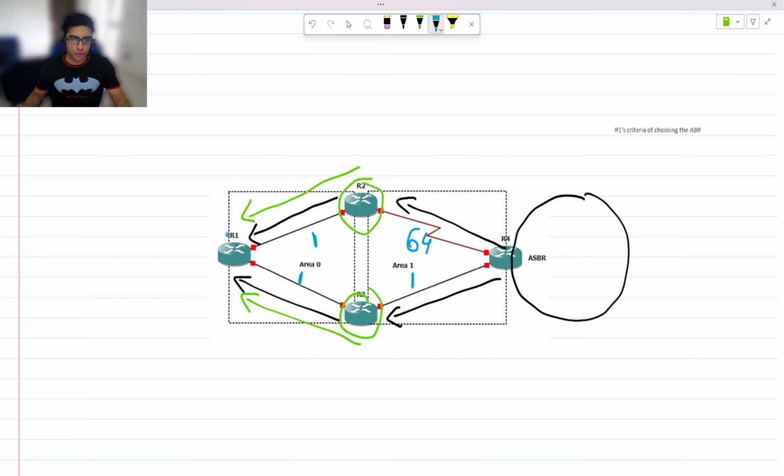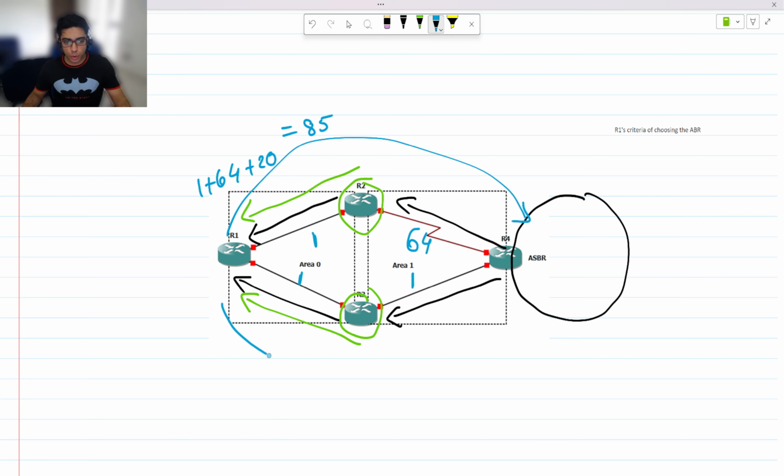So R1's cost to reach the external network via R2 is going to be 1 plus 64 plus 20, because 20 is the default cost, right? So 65 plus 20, we have 85 as its total cost.